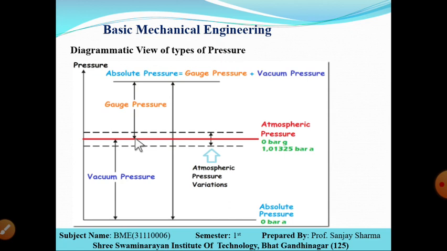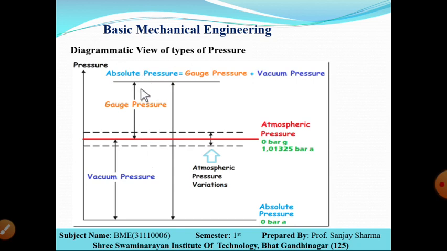For example, right now it is 1.01325 bar and we are increasing the pressure by 1 bar above the atmospheric level. So what will the gauge pressure show? 2.01325 bar. It means gauge pressure will show only 1 bar, but what will be the total pressure? That is absolute. Let us come to the absolute pressure.